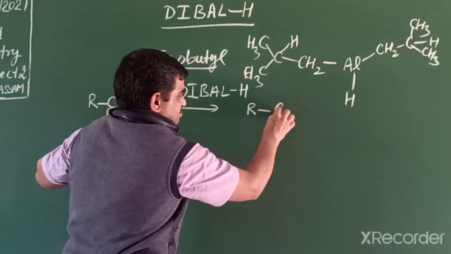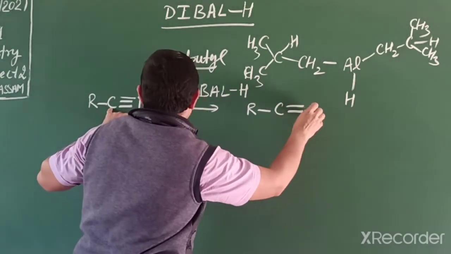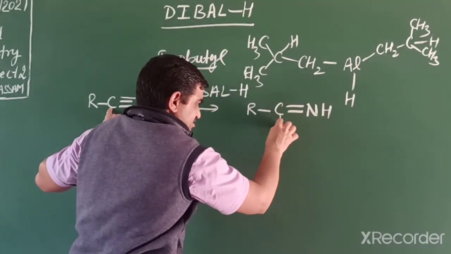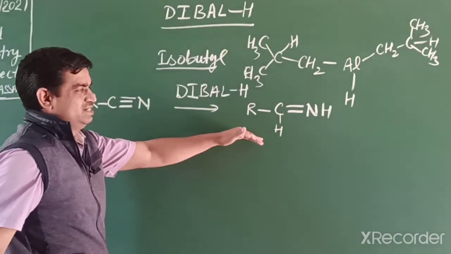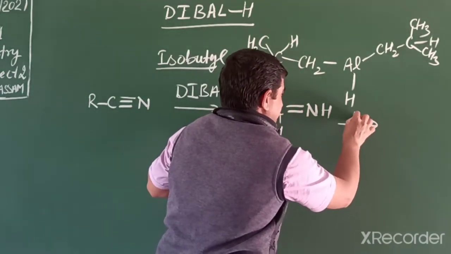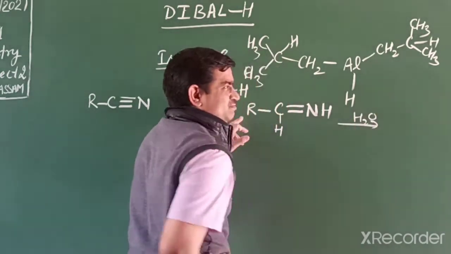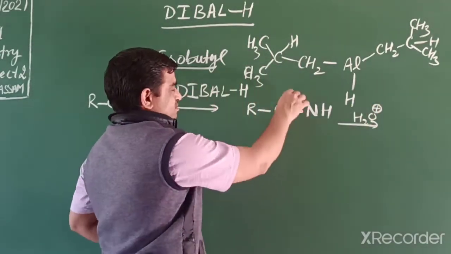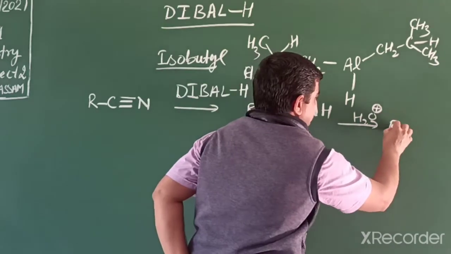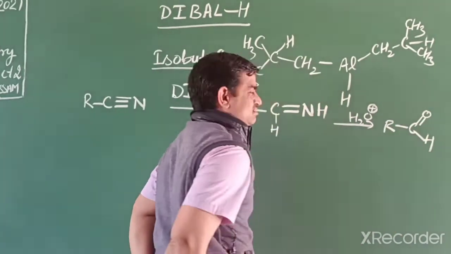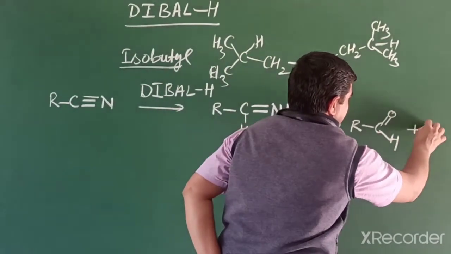So R-C triple bond converts into a double bond with 1 H. After that, the next process is hydrolysis, meaning reaction with water in slightly acidic medium. So it dissociates, the product is aldehyde, and ammonia gas is released.